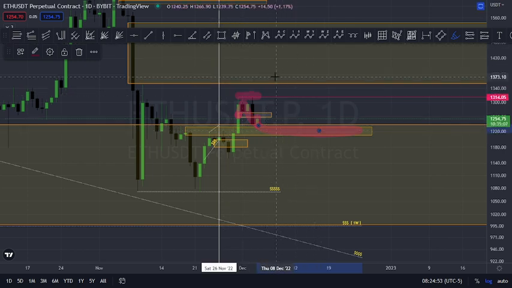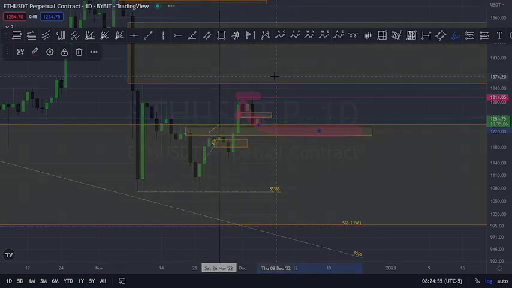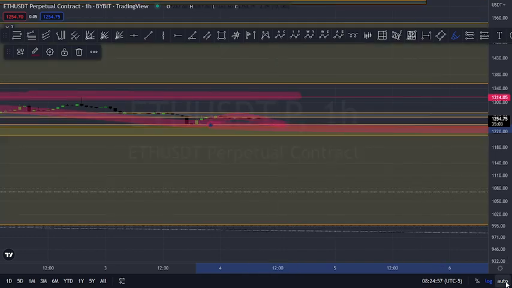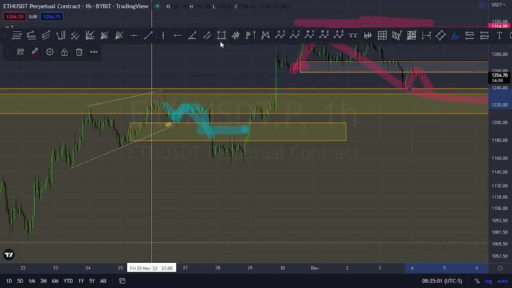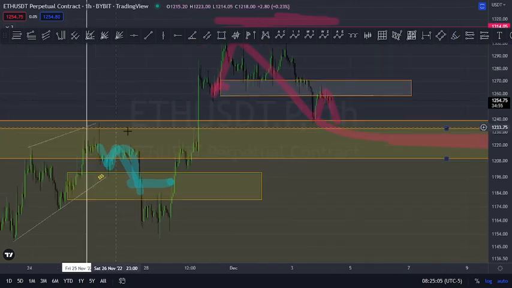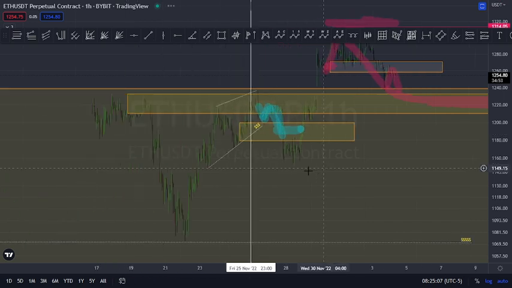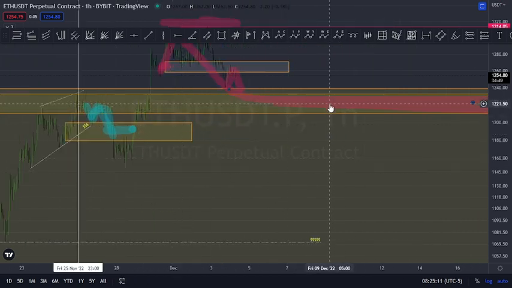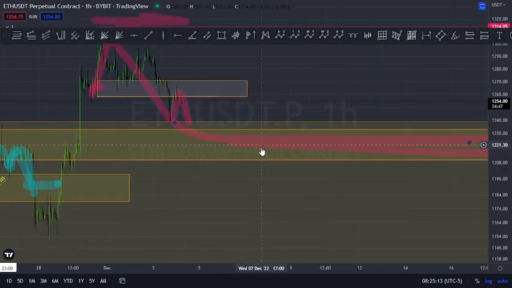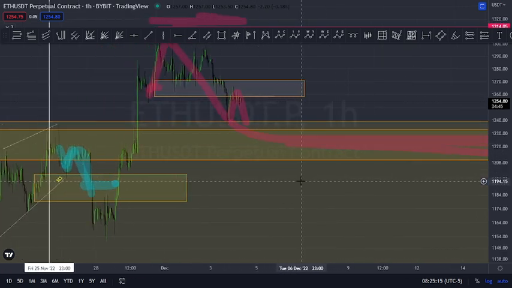So this is the region. Let's go down to the 1 hour time frame to refine basically my targets, because I like to refine. So this was my target, which is the breaker.